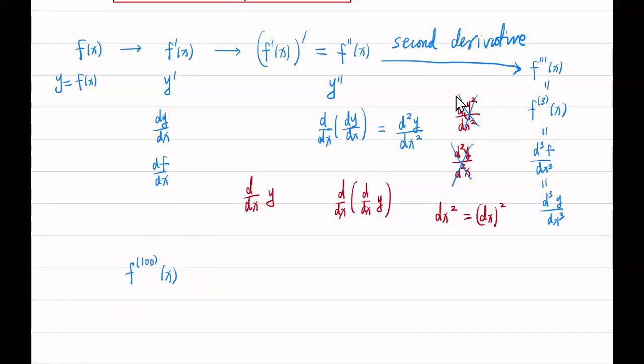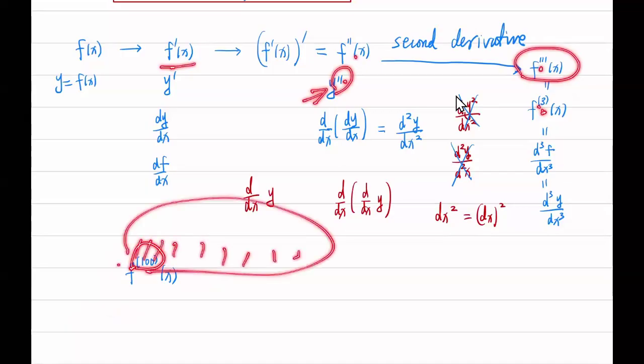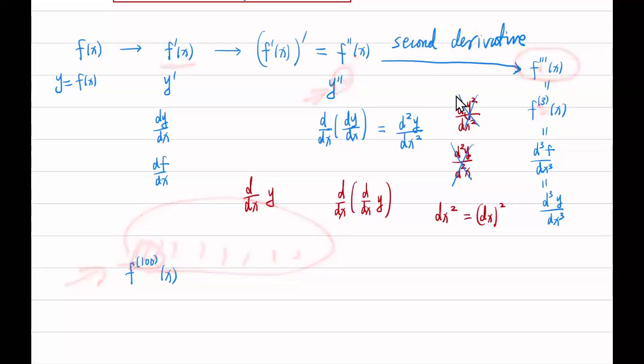Yes, it is. So the first, just a prime. Second, a double prime, but it's getting a little bit cumbersome. Third, we'll go to 3 primes or number 3. Here, 100 is unimaginable if we put 100 primes. Sometimes you lose the count, have to start over again. So we use this to simplify our notation.